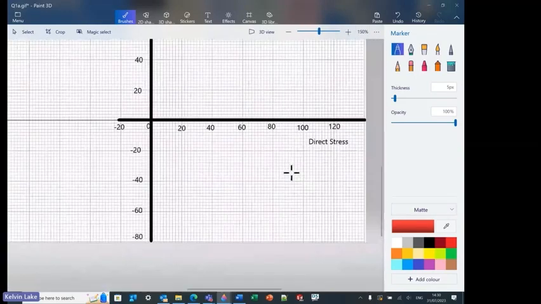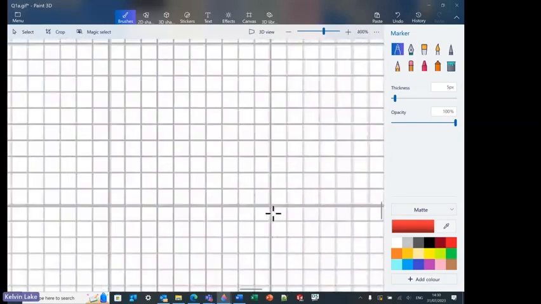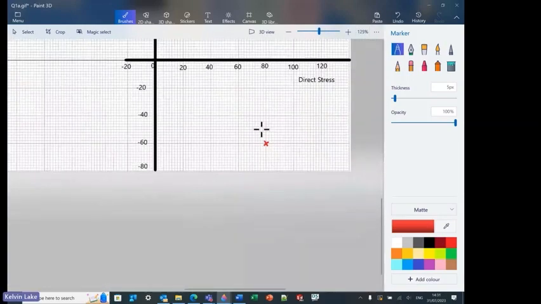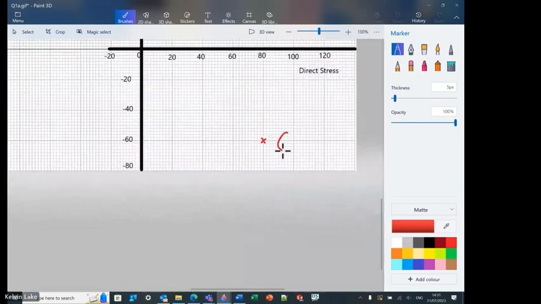So let's zoom in here, 80 along 2, 4, 6, 80, and then 60 down 2, 4, 60. It's going to be this position here. So we're going to plot that point there. Let's just zoom out a little bit. So that is sigma x, and minus tau xy. It's going to be that point there.